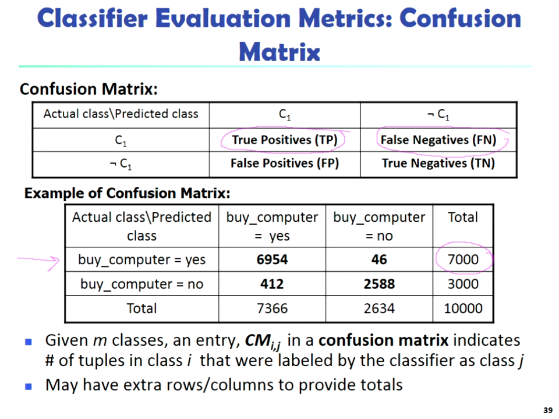From these 7,000, there are 6,954 predicted buys computer equal yes. That means true positive, correct. But 46 are assumed to be buys computer equal no. This is an error. Is it clear?